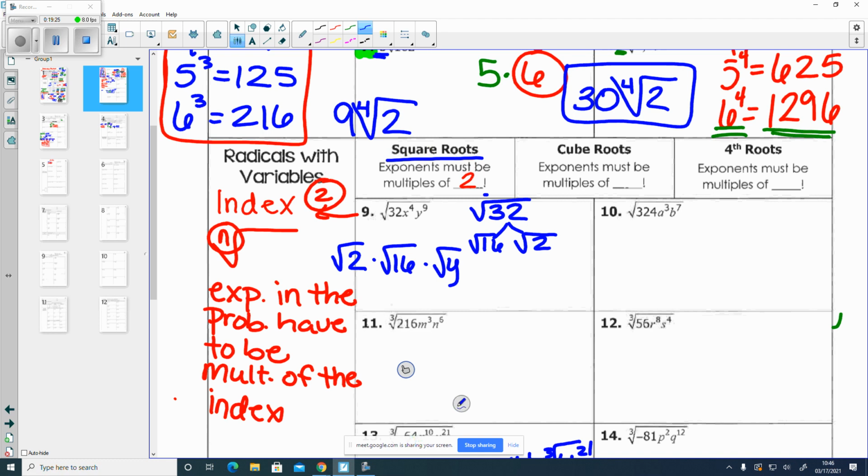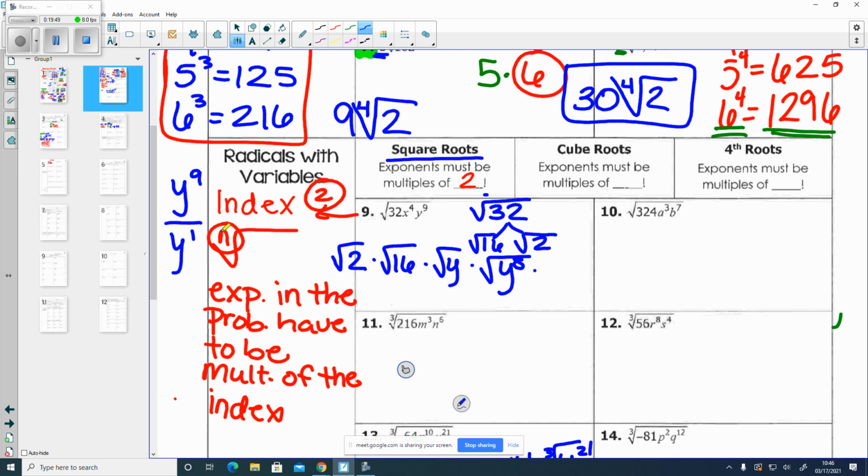Now, when I take out a y, remember with exponents, if I have y to the 9th divided by y, just 1, what am I left with? So when I divide, I subtract, okay? So I'm splitting this up, and I'll still have y to the 8th now.